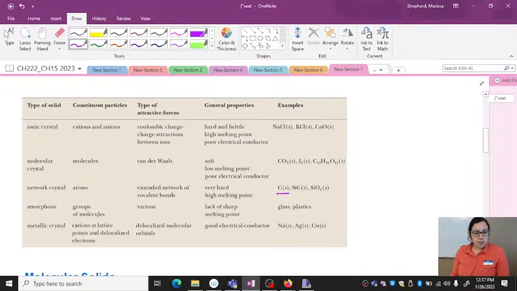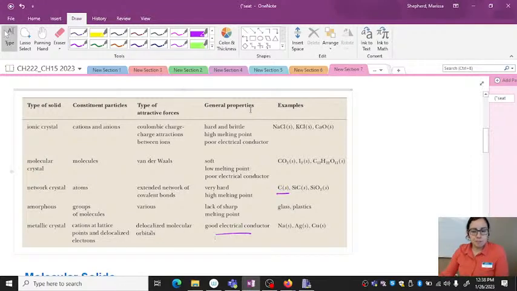And then something that's amorphous is going to have a lack of a sharp melting point, and that can be a mixture of things, you know, glass, plastics. And then again, those metallic crystals are anything that's metal. And the key point is that they're good conductors of electricity. And again, we'll talk about that sea of electrons.